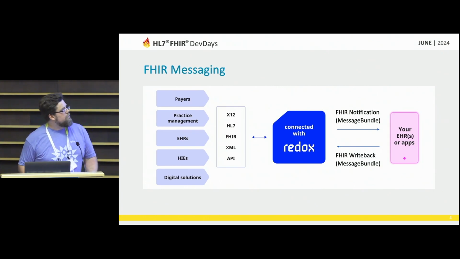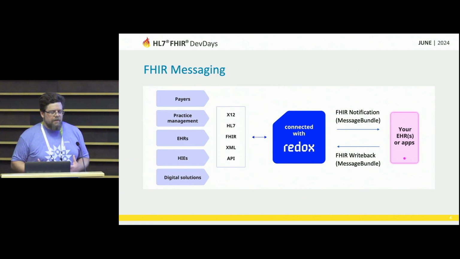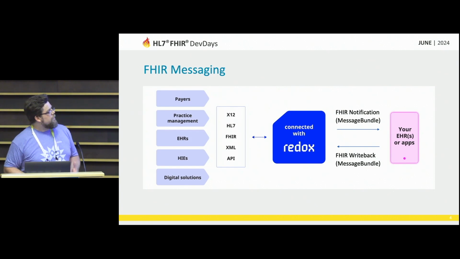And so in order to maintain that brand promise of code up once and you can send your data everywhere or receive data from everywhere, we have to have something that works for all of these different formats. And so for us, that's how we came about choosing FHIR bundles.